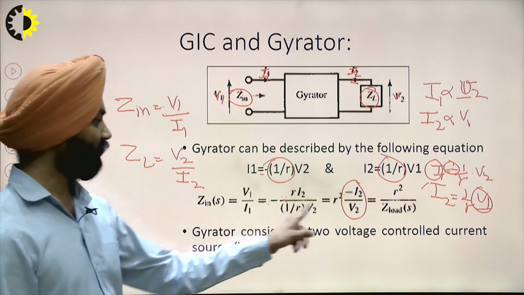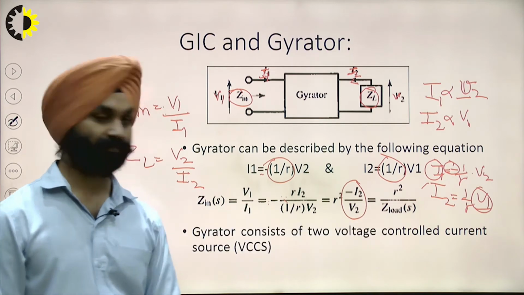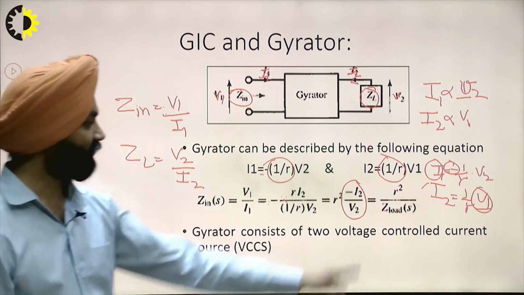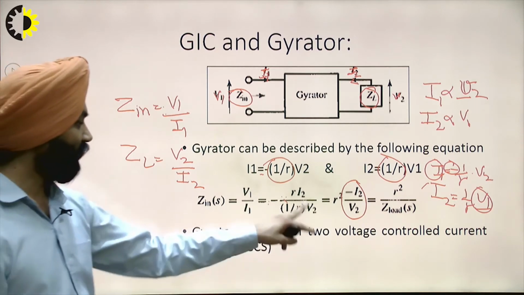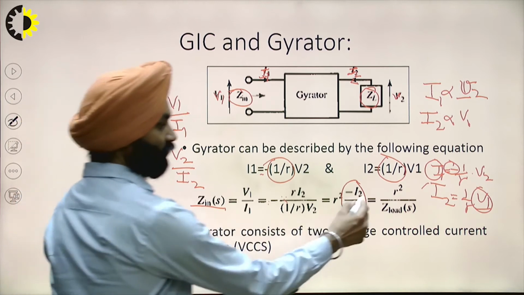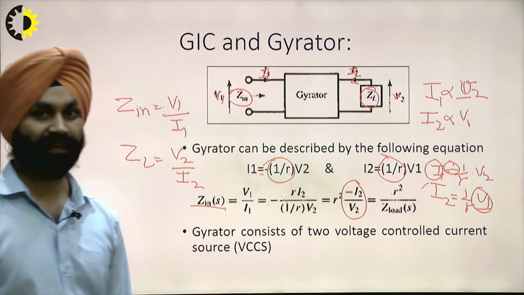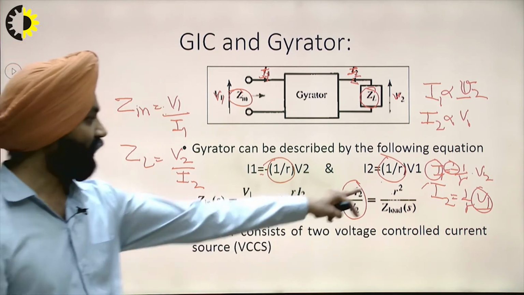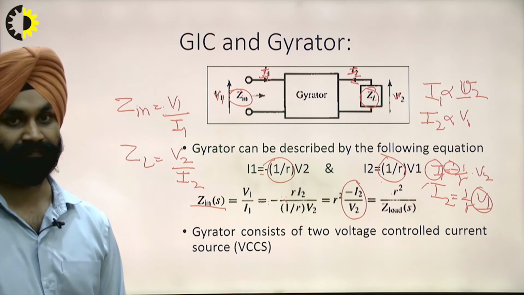So this will give 1 by R square upon ZL. In the S domain we can write it as ZL(s). So our input impedance Zin is equal to R square by Z load. R square is the proportionality constant.